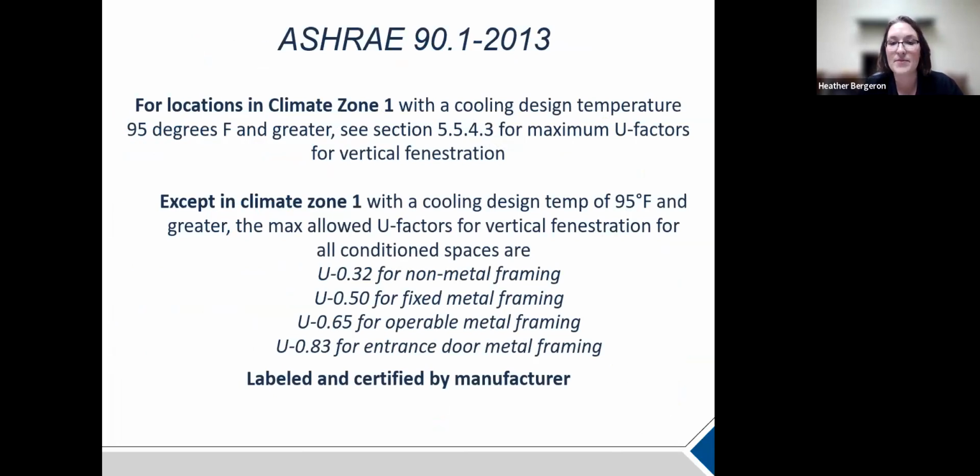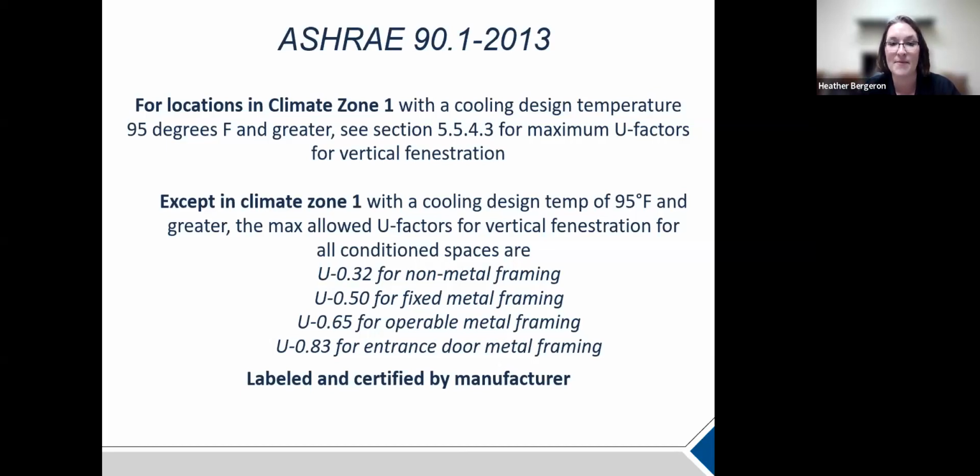For locations in climate zone 1 with a cooling design temperature of 95 degrees Fahrenheit or greater, this is the section that you would see for the maximum U-factors for vertical fenestration. This is labeled and certified by the manufacturer, and it is the exception for climate zone 1.